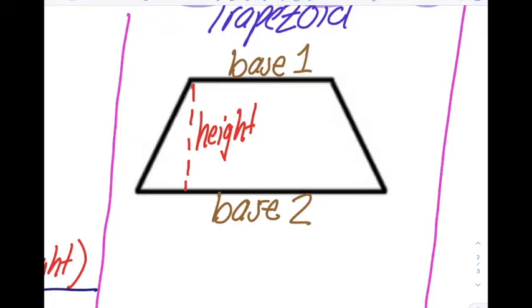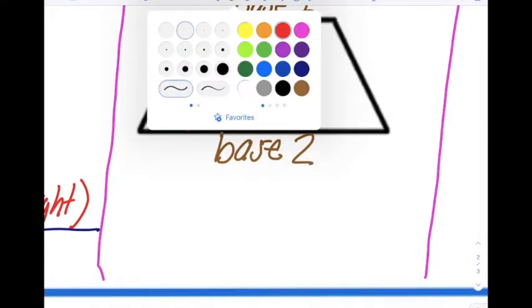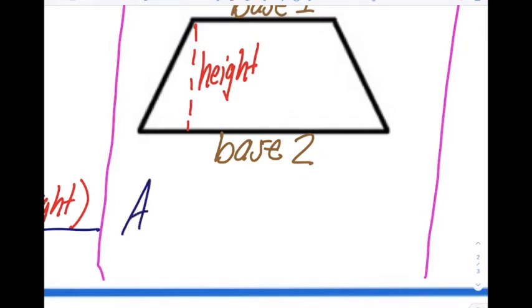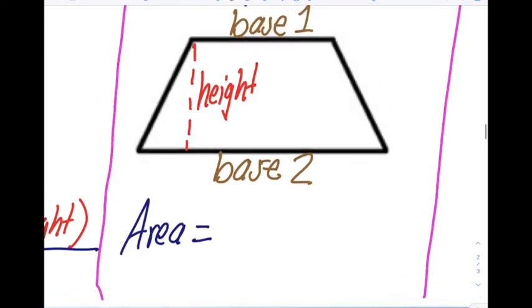So the way that we find the area of a trapezoid is, what do you think? What do you guys think? Well, yes, you're probably thinking we add the base plus the height. We do. So let's check it out here. The area is equal to the base.